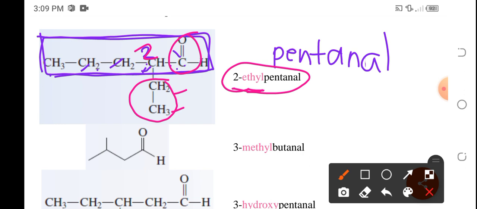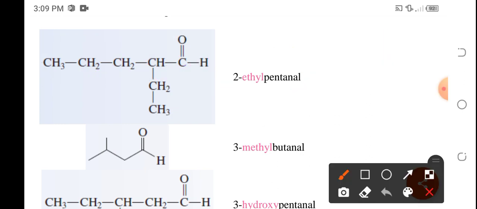So, wala siyang chance na maging carbon 2, 3, or 4. So, hindi na natin kailangang maglagay ng number dito kasi nga, as a rule, carbon number 1 naman siya. Yung carbonyl. So, that is the final IUPAC name for this structure: 2-ethyl pentanal.